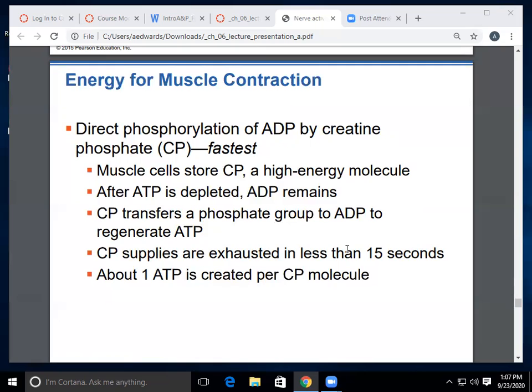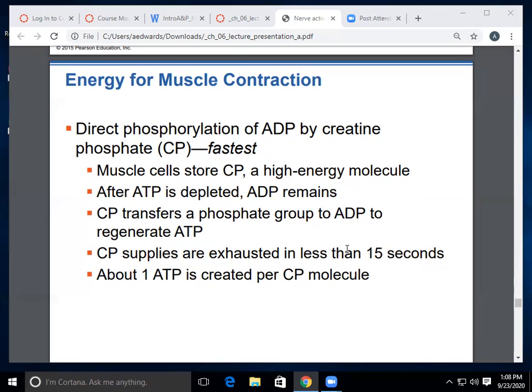So ATP, once it gets depleted, you end up with ADP. And the creatine phosphate will transfer a phosphate group over to ADP, make ATP. So once you exhaust all of your creatine phosphate, that happens in around 15 seconds.